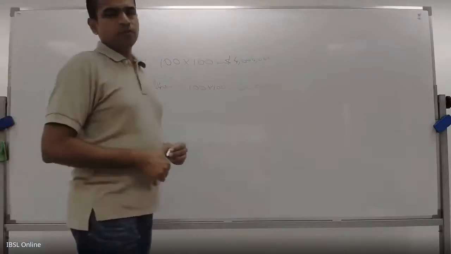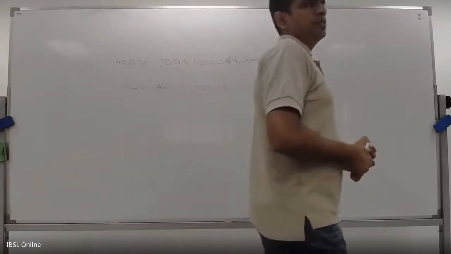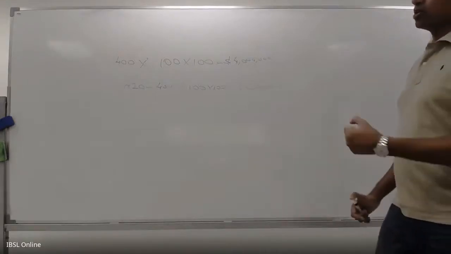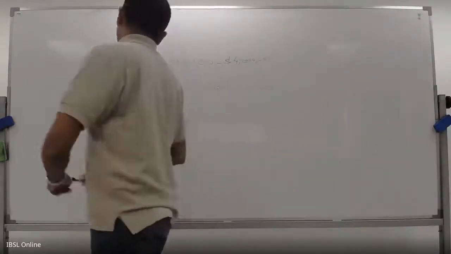What would have happened if the gold price was 370? If instead of going to 420, the price goes to 370, then you will lose. You bought at 400, the price is 370.